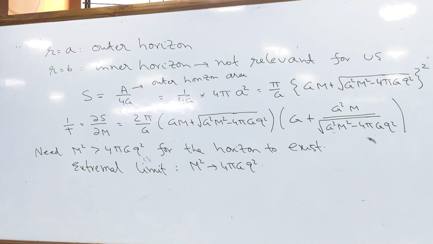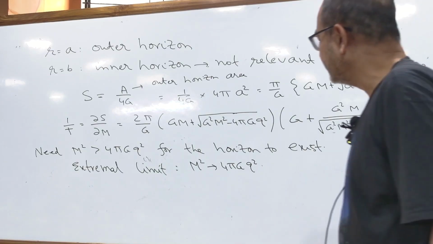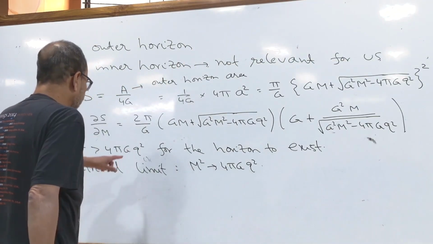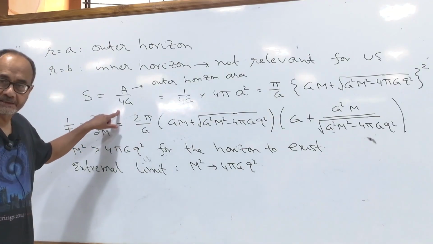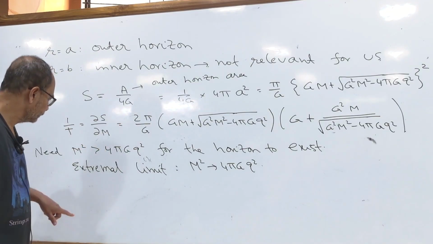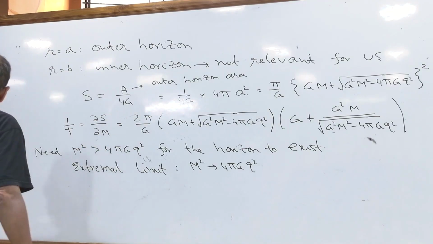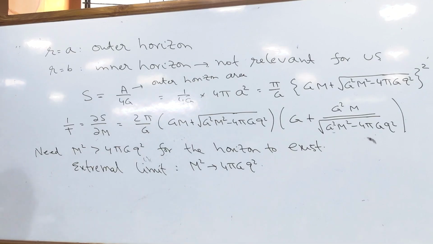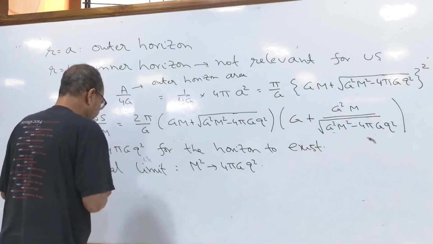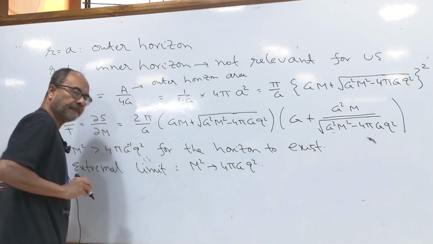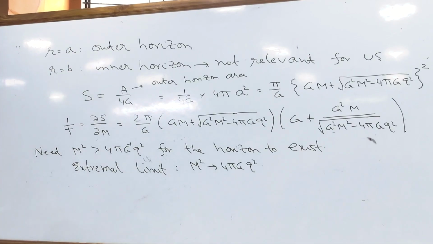Here G is in the denominator, because it is A over 4G, right? Yes, thank you, because there is G square M square. It's G square M square that has to be larger than 4 pi G Q square.